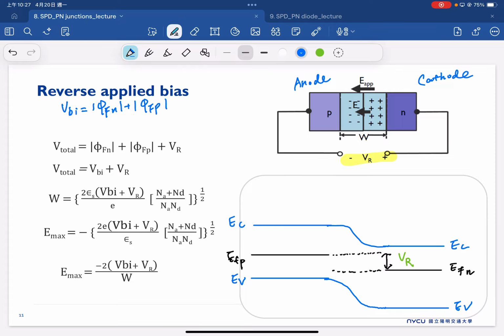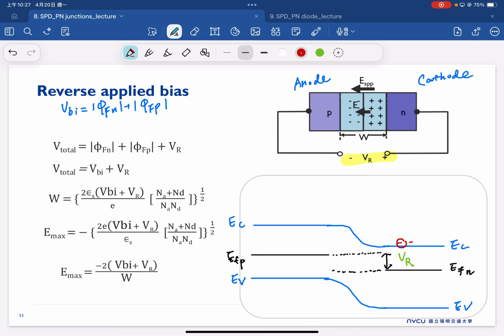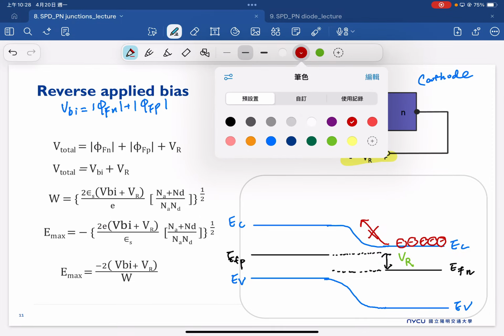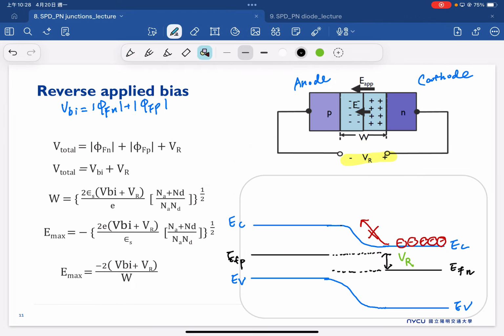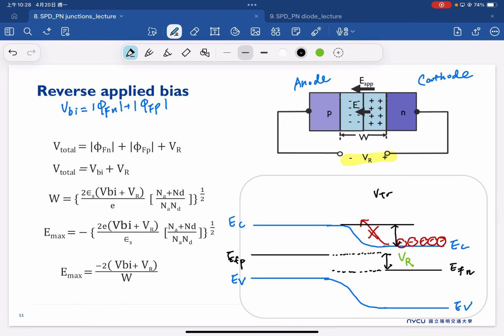Now we will see that the electrons in this N region see an even larger barrier and cannot flow to the left, because now our built-in potential, this total barrier, we need to consider, which is V total.